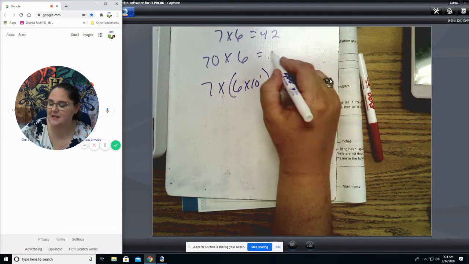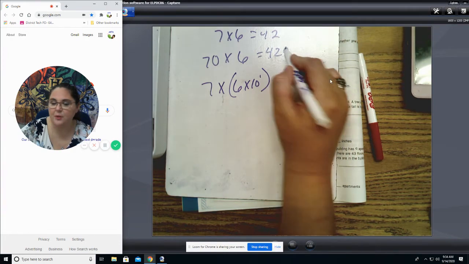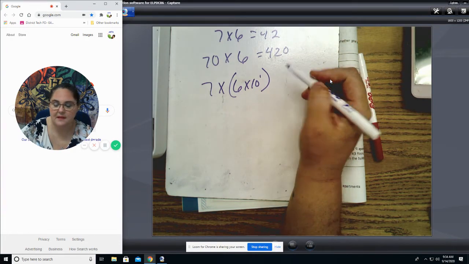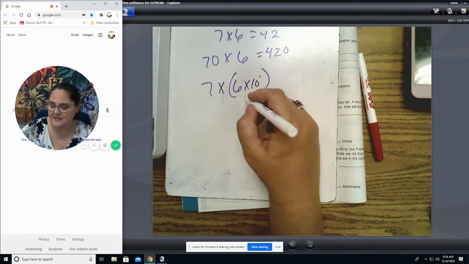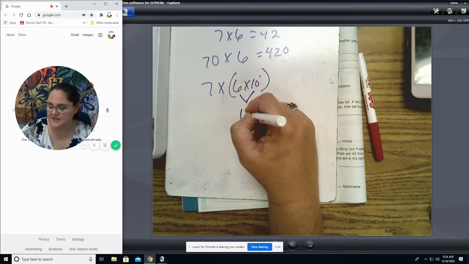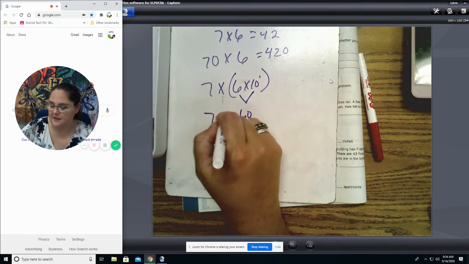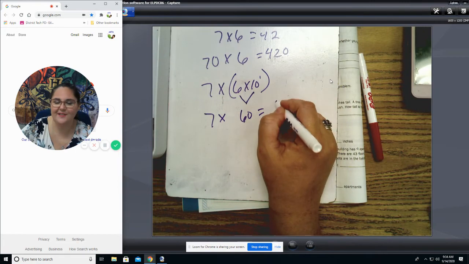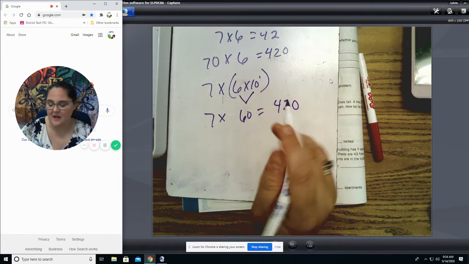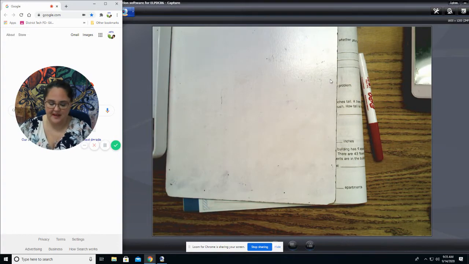If you said 70 times 6 is 420, you are correct. Let's think about this. 6 times 10 to the first is 60. 7 times 60 is also 420. So this is an easy way, using some of these extended facts, to do your multiplication.